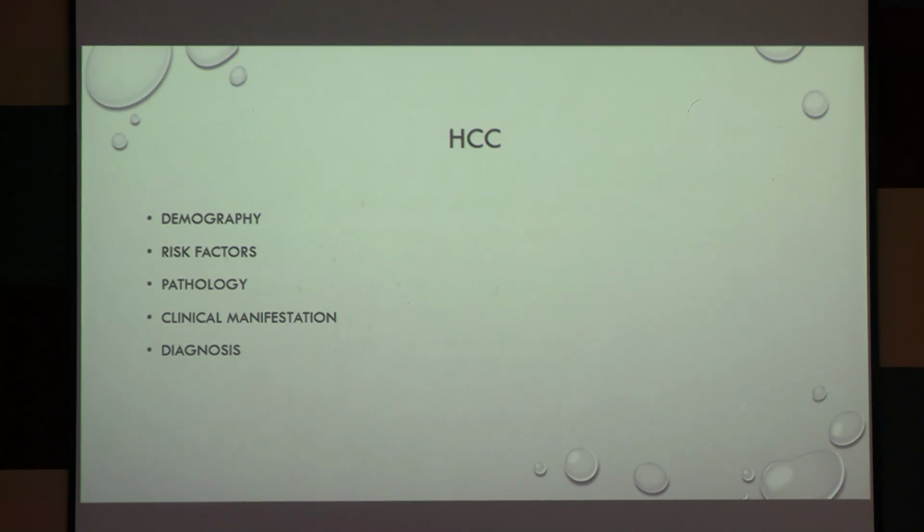That's not very high. 4 to 5% of the cirrhotic patients will develop hepatocellular carcinoma, except when the cirrhosis is caused by iron deposition, which is called hemochromatosis, then the incidence of developing hepatocellular carcinoma is 10%.